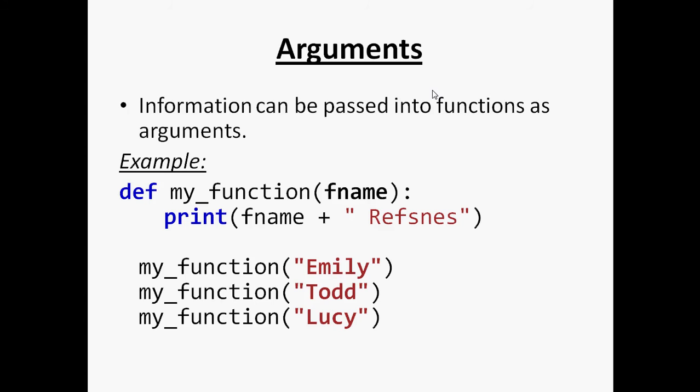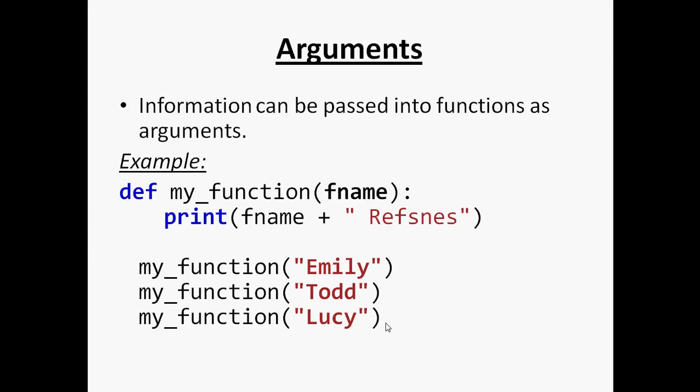This fname is the function argument which you will pass on calling the function. Here I have taken the print statement within this function. Inside this print statement I have taken the fname, which is the argument passed to the function, and concatenate it with a string and close this print statement. While calling this function, I have called this function with 3 different arguments: Emily, Todd and Lucy.